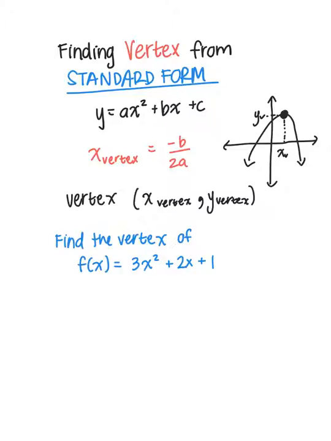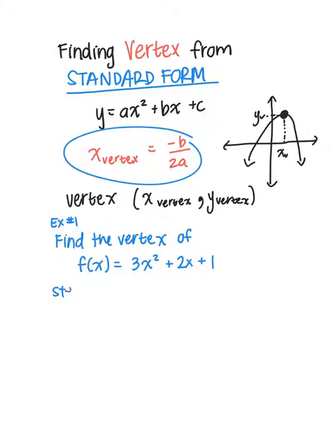So we could put it in vertex form, but that a value right here makes it a little bit trickier. So that's why we're going to use this. Okay, so step one is going to be find the x value using x equals negative b over 2a.